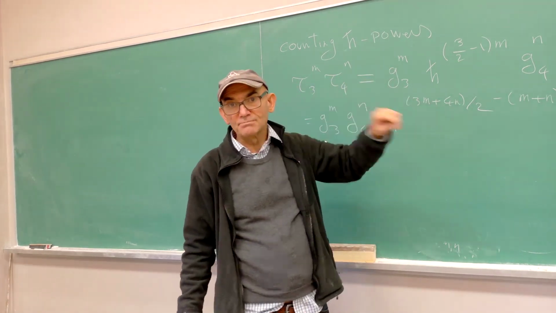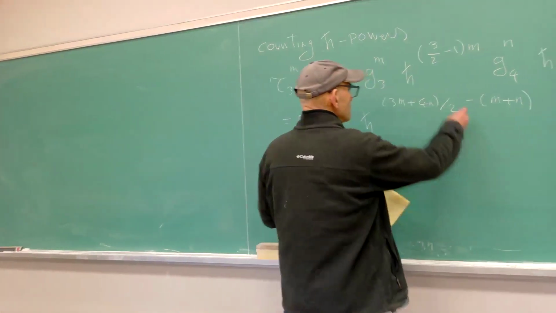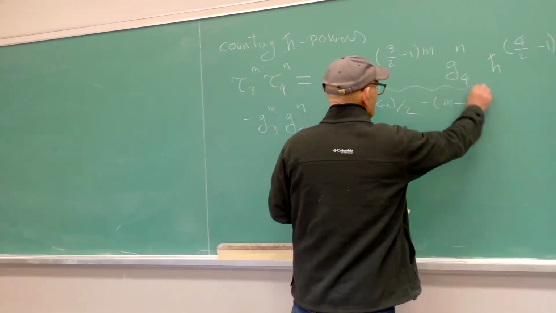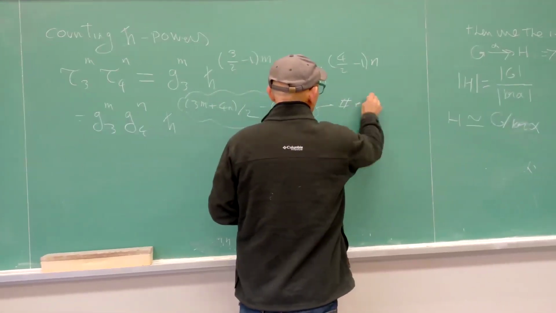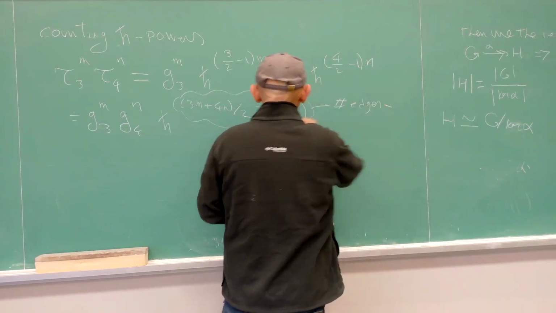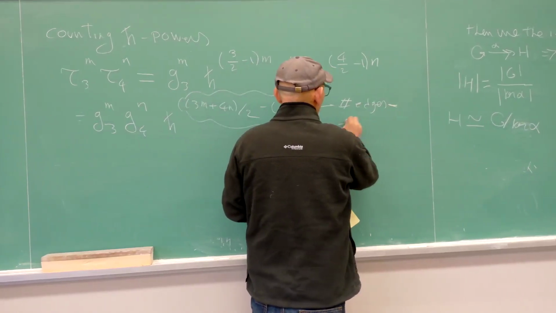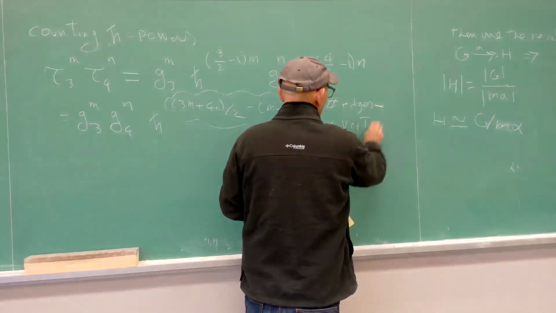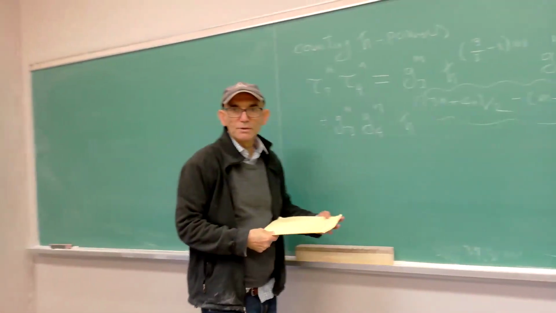So this is the number of edges, and m plus n is the number of vertices, so we have the number of edges minus the number of vertices.